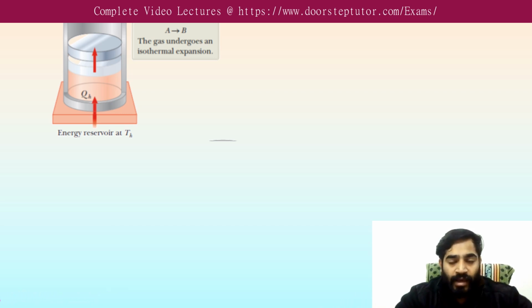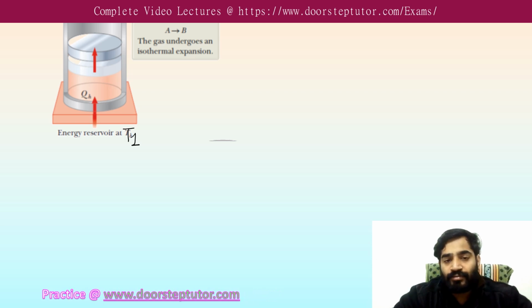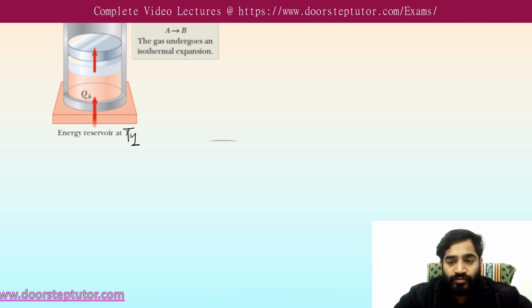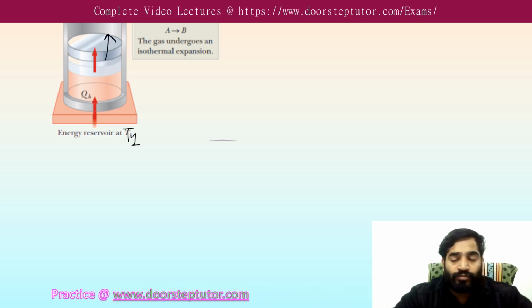Now, what is happening in this concept? We are going to place the cylinder on the source, at the source temperature T1. When we put the cylinder on the source, the gas acquires the temperature of the source, which is T1. The gas is allowed to expand, and your piston will move upward.